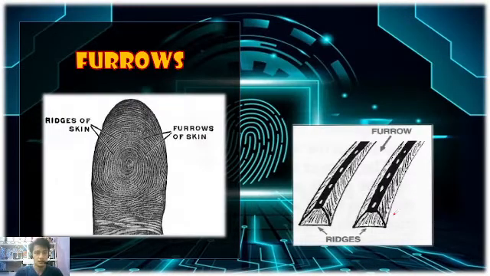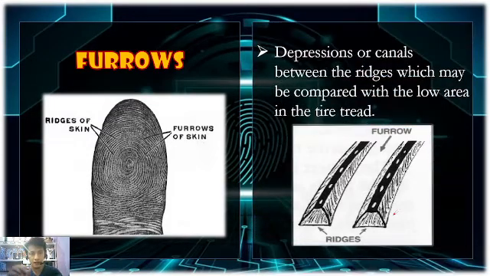Next here are the so-called furrows. Ito yung sinasabi ko kanina, pag furrows, these are the deepened or depressed, canal-like parts between the ridges. Kanina napag-usapan natin, we call the raised ones friction ridges, or some just call them ridges. Yun yung nakaangat, and the canal-like part is what we call a furrow.